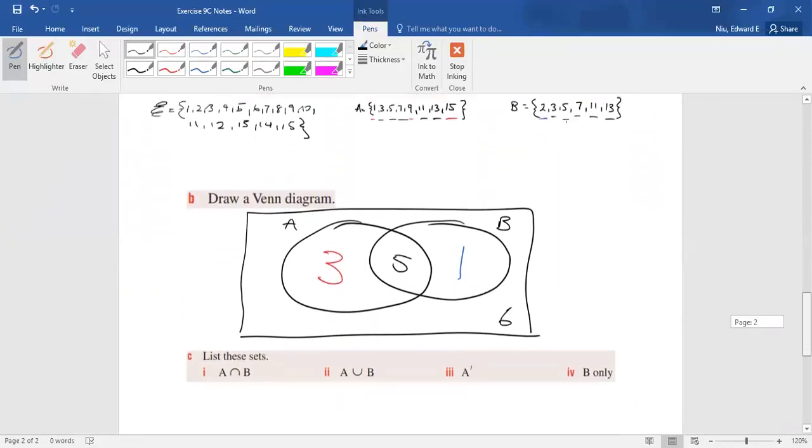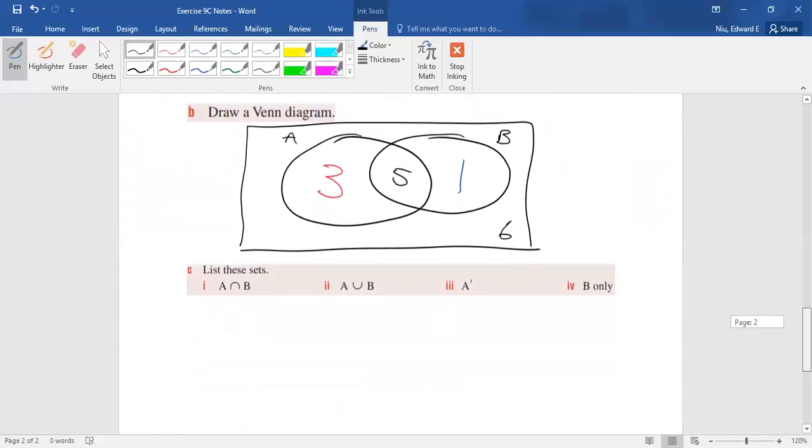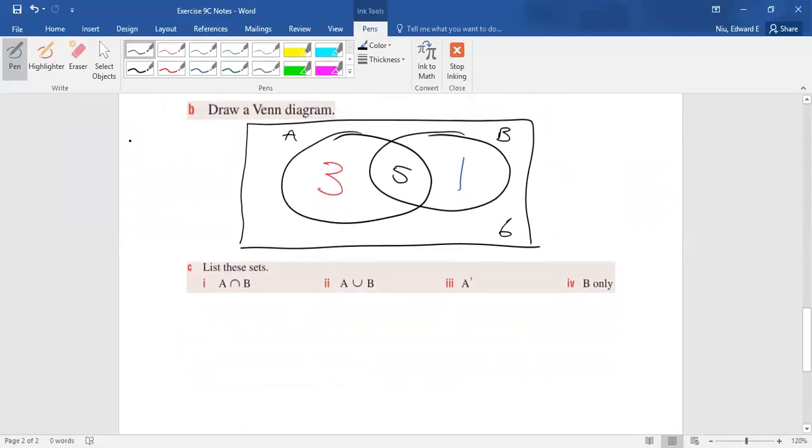After that, what we have to do is analyze this Venn diagram now. So for this first part, list the sets: what numbers are in A and B? We can't just write 5. We have to list out the actual set.